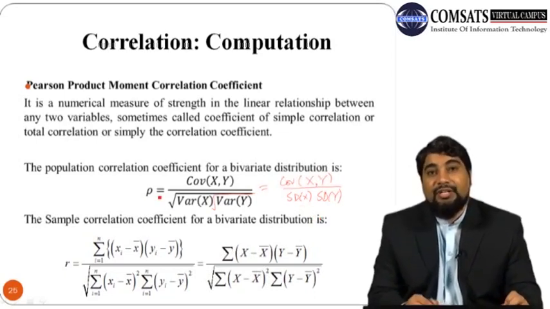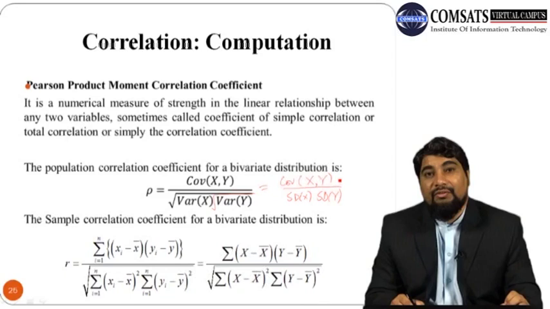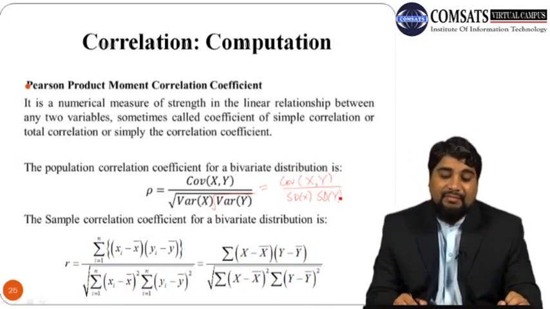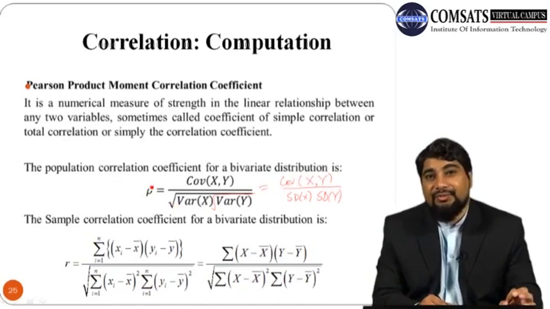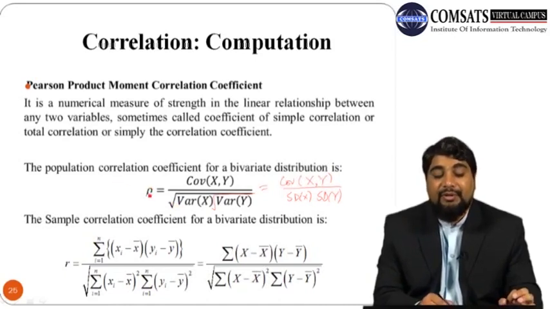So the correlation is the covariance divided by the standard deviation of x times the standard deviation of y. This is the formula for finding the population correlation coefficient, denoted by rho. You can also use rho xy.